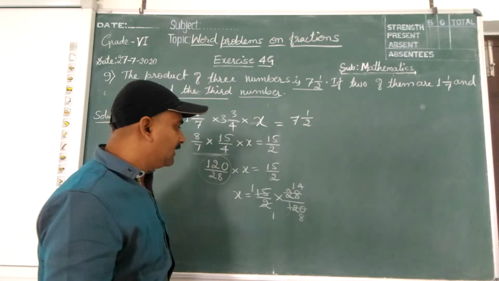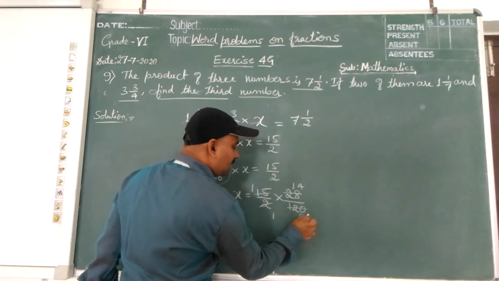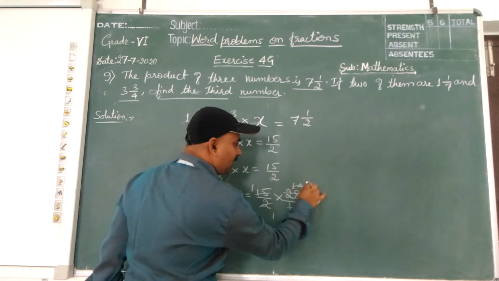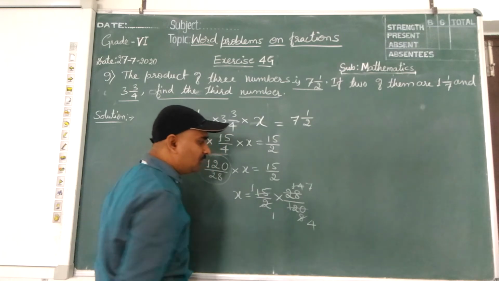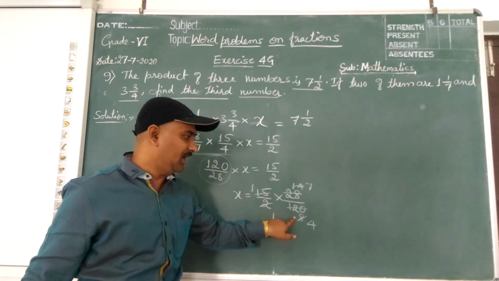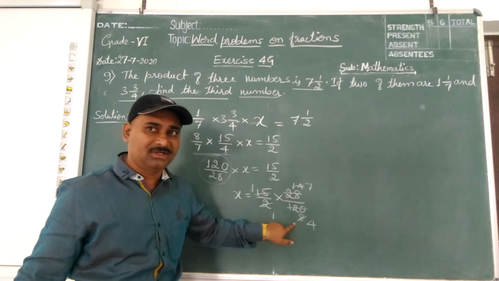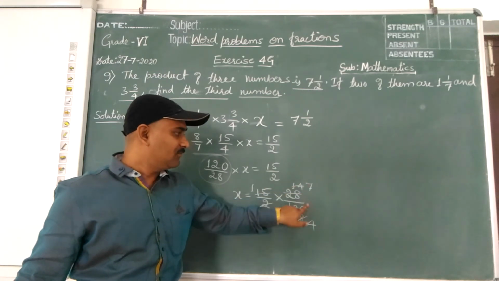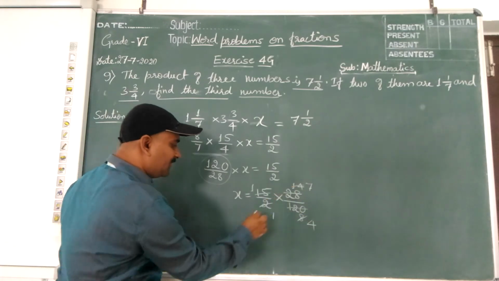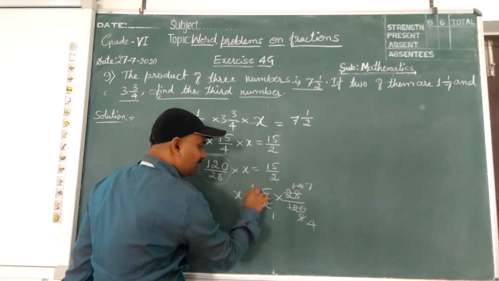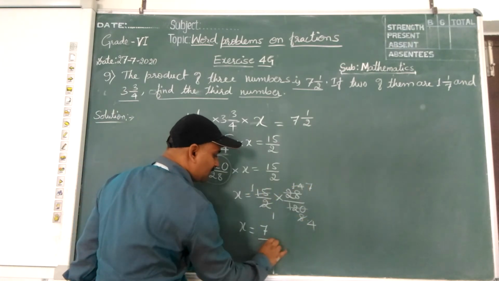Right? Now 2 sevens are 14, 2 fours are 8. 15 ones are 15, 15 eights are 120, and 14 and 8s are left. So numbers left are what? 7 ones are 7, 1 fours are 4.